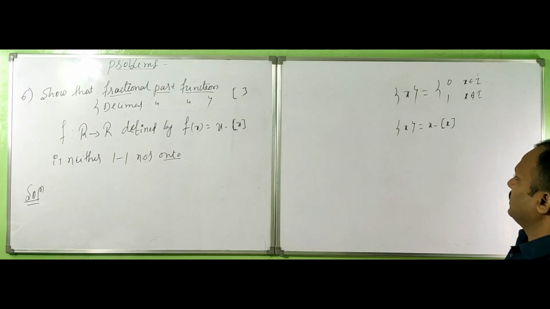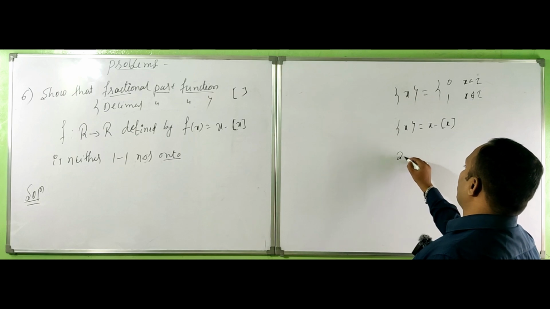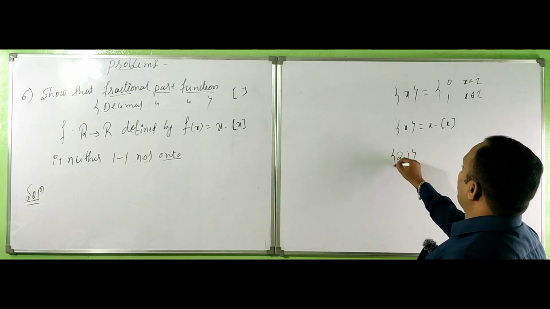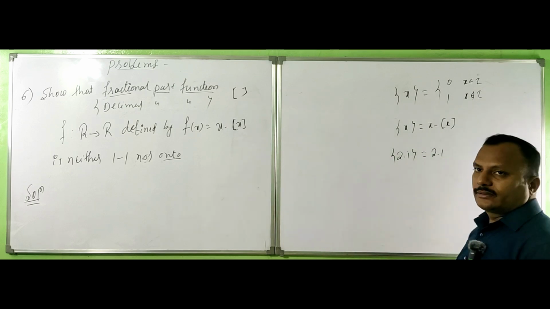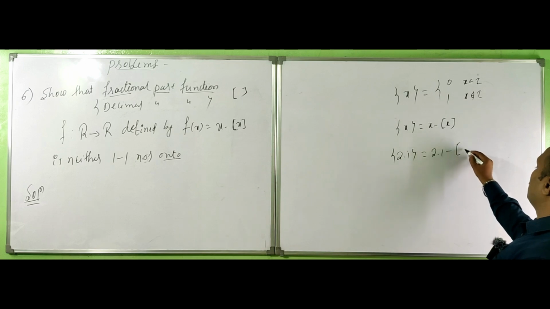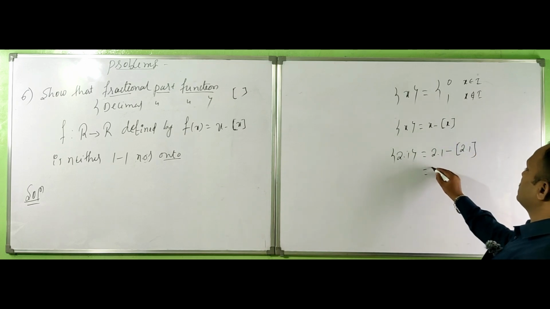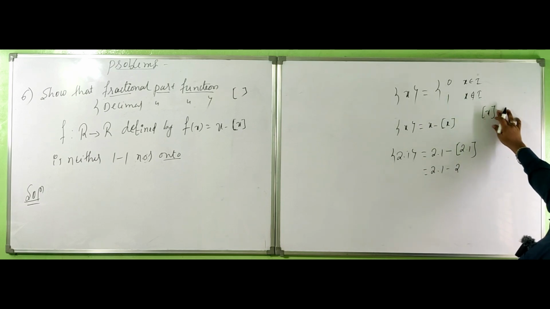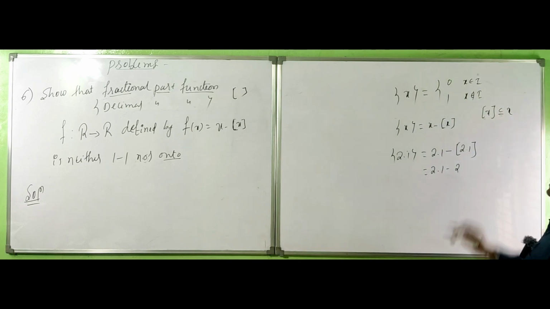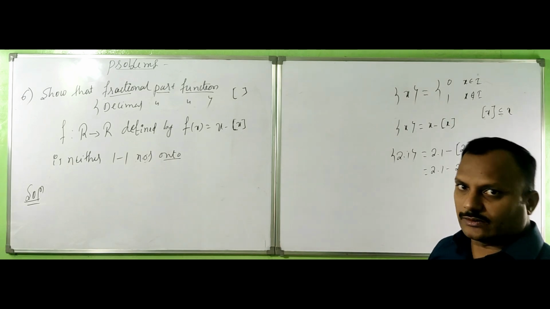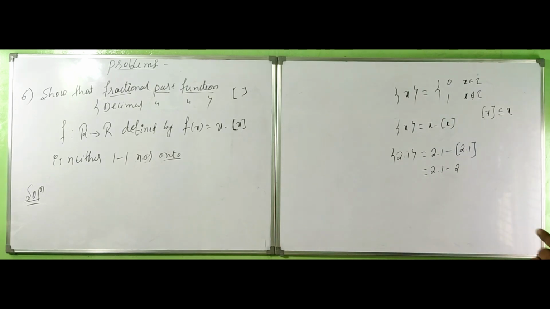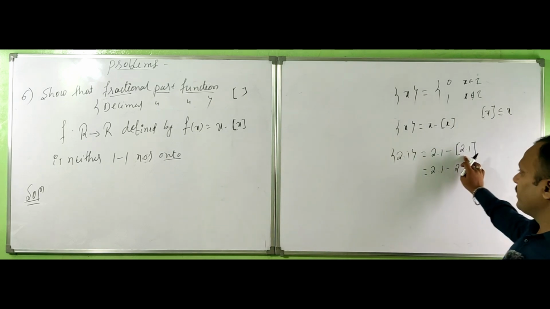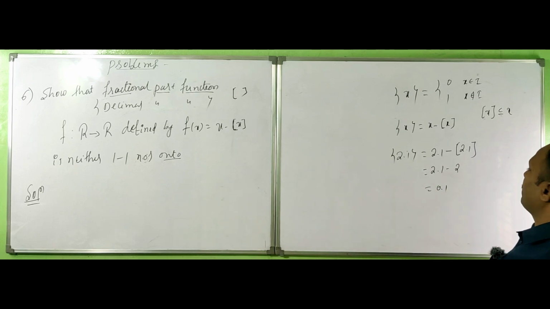Let's take 2.1. This is 2.1 minus 2, because the greatest integer function is the greatest integer less than or equal to x. This becomes 0.1.